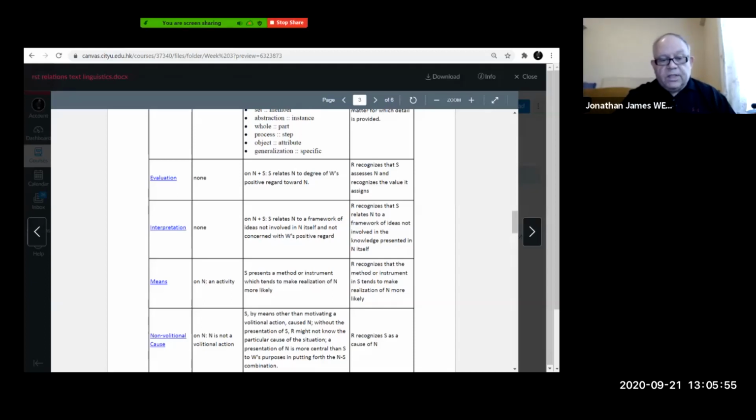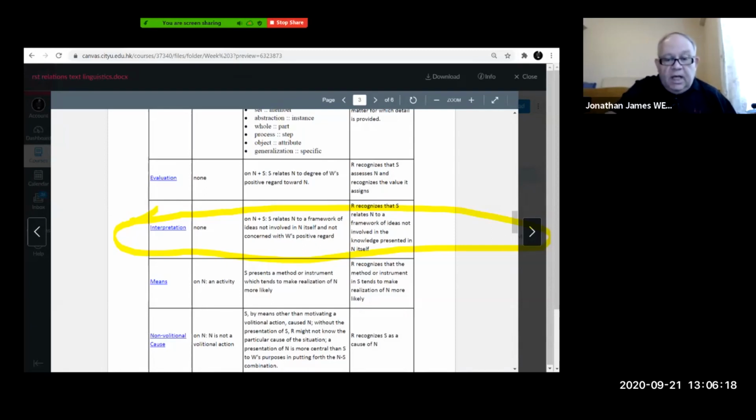So you have, for example, interpretation defined here. The reader recognizes that the speaker relates the nucleus to a framework of ideas not involved in the knowledge presented in the nucleus itself, all right?